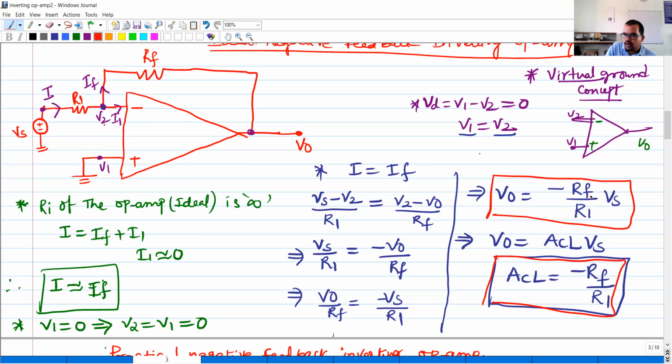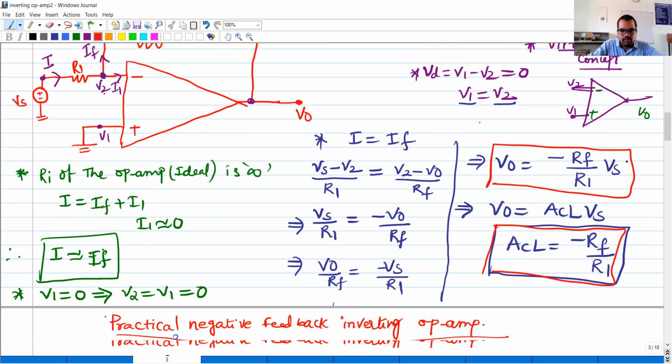Because of this RF by R1, the signal will be amplified, but that amplified signal is 180 degrees phase shifted. Okay, please remember that one.